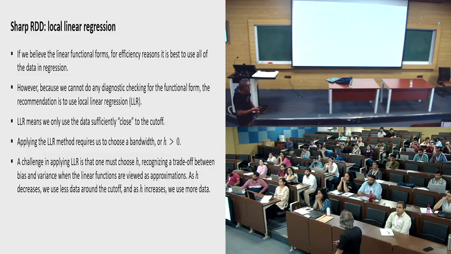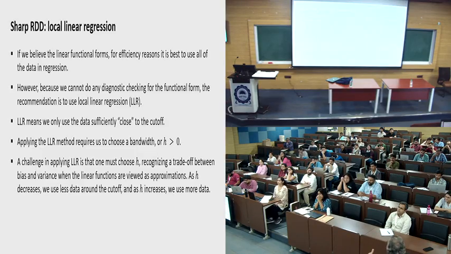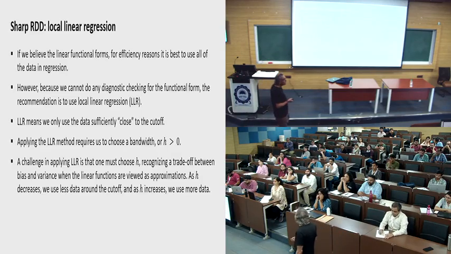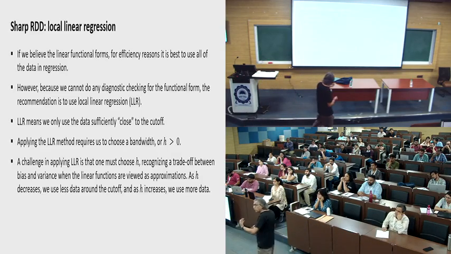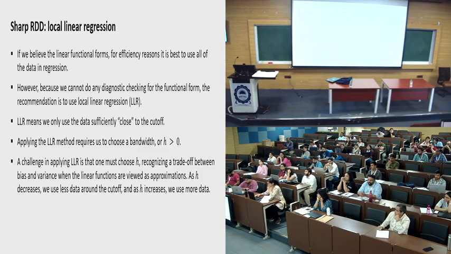Clear? Fine. So given this, how do you choose the h, and there would be a trade-off again between bias and variance when the linear functions are viewed as approximations. So one way you can think about it, as h decreases, we use less data around the cutoff and vice versa. Clear? So with more h, your circle expands. If you use a big h, then you are actually using the entire circle.